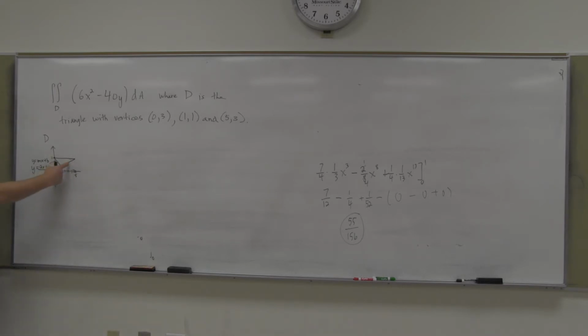This one is not as nice because I don't have the y-intercept. For one thing, I can get the slope. The run would be 1, 2, 3, 4, and the rise is 2, so the slope is a half.